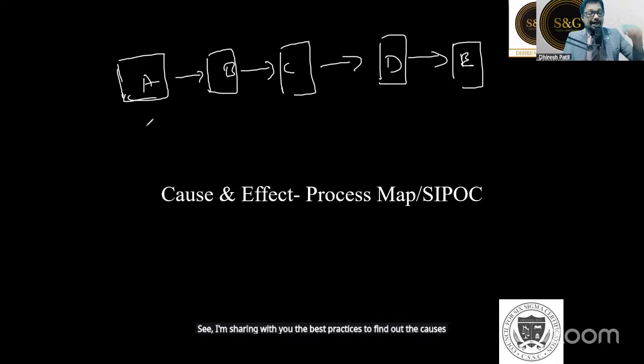Why? Because any cause which is missed in this entire process is missed in the project, will not be taken care of, and might come out and impact our project. So make sure this procedure is followed to the T and you get the best result out of it.